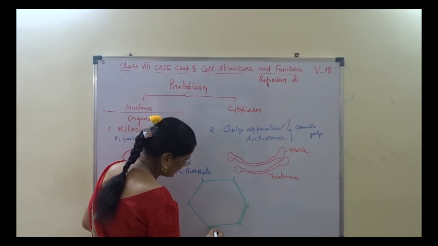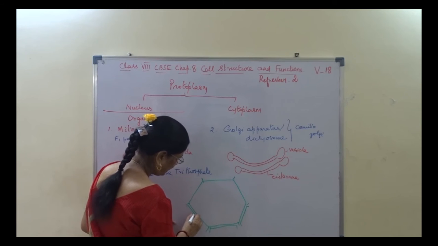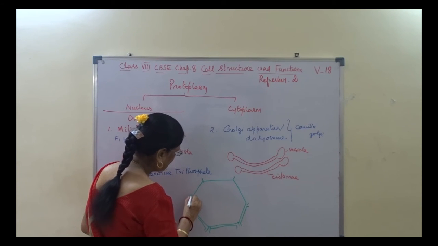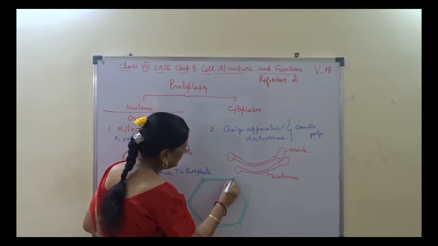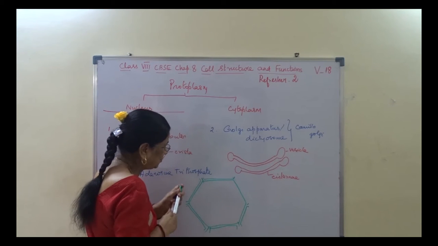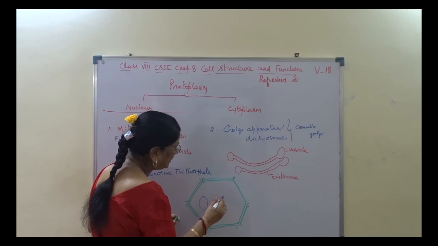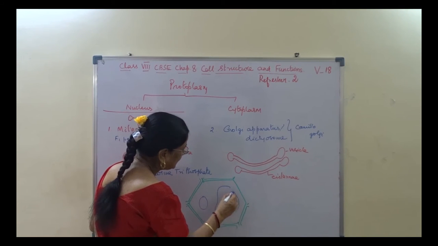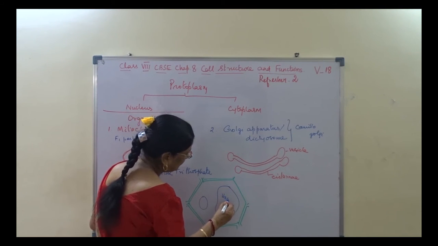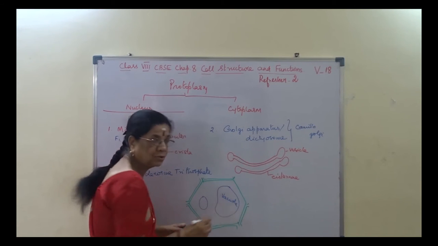This plant cell has a nucleus and a large vacuole.